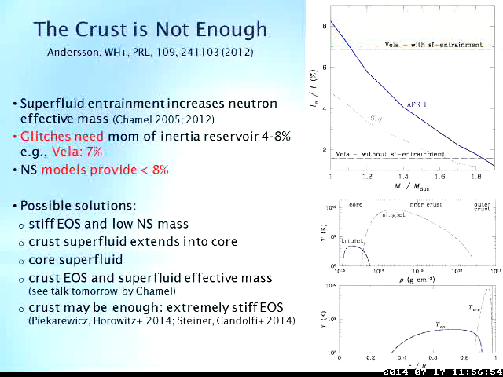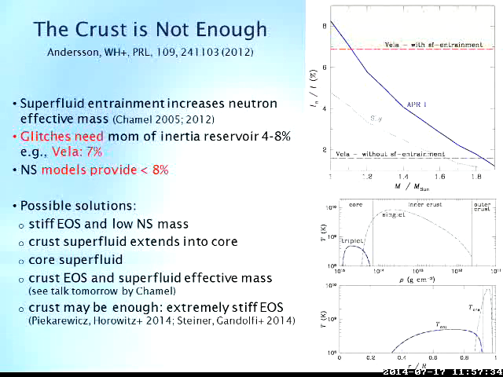You can see that for example SLy, there's just not enough moment of inertia in the crust to give you 7%. Whereas for APR, this parameter is APR1, this is what I had at the time, it can only give 7% if the mass is very low.